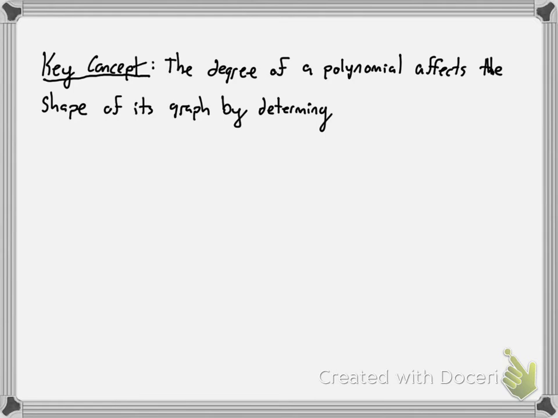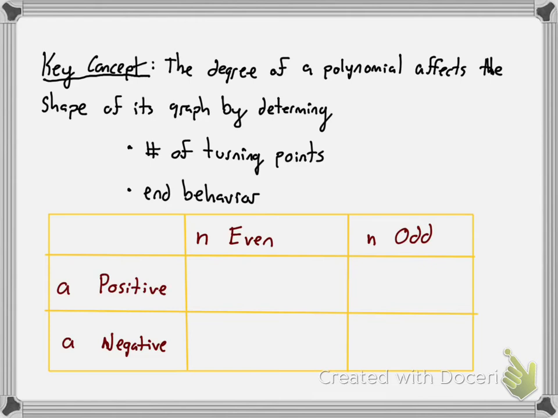So another key concept here is that the degree of a polynomial affects the shape of its graph by determining 1, the number of turning points. We'll talk about that more in some later sections. And the end behavior of the graph, which we talked about a little bit with domain and range. So what you'll do first, write down this chart, highlight it, star it. This is going to seem confusing until we do an example.